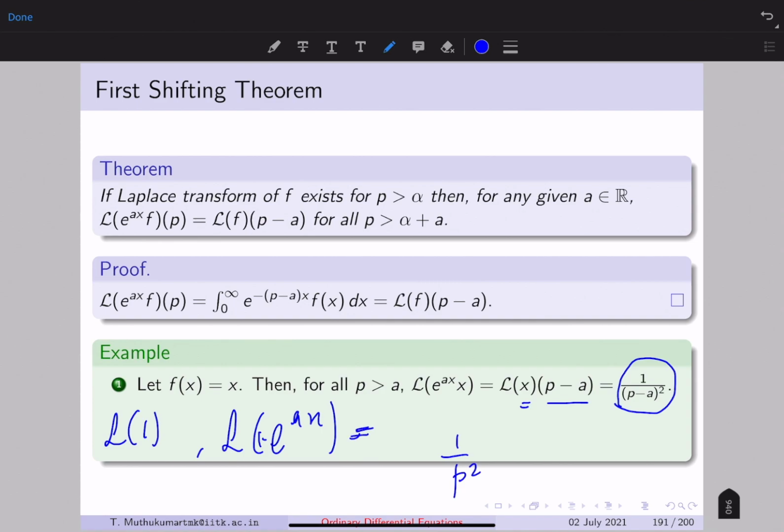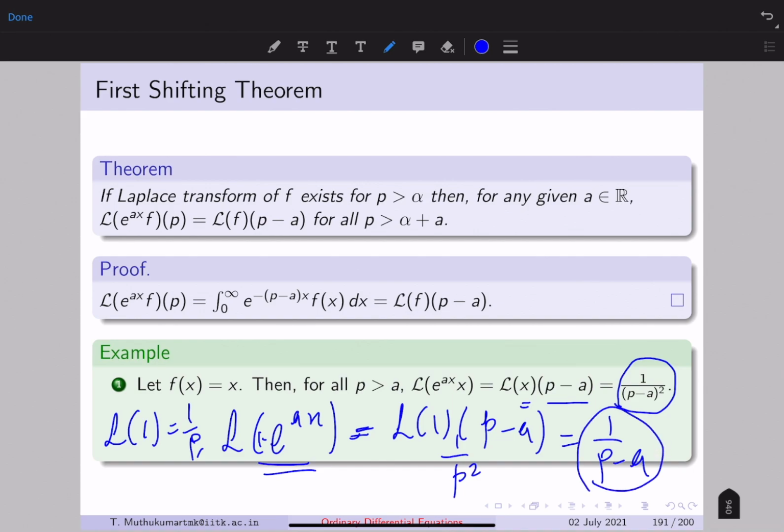And by this theorem, it will be the Laplace transform of 1 at p minus a, but the Laplace transform of 1 we already computed to be 1 over p, so this is actually 1 over p minus a, and this is exactly what we computed for e power ax in the previous lecture. So I've already given you another example as well.